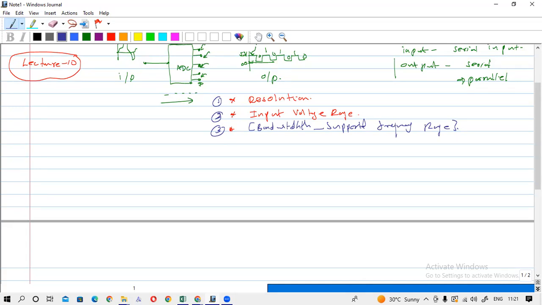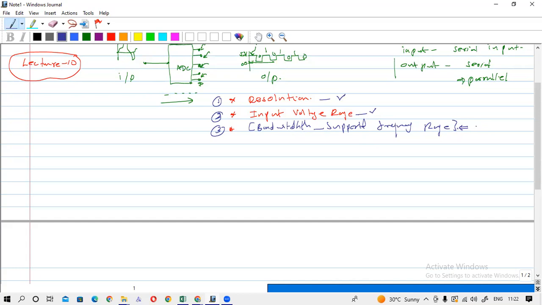So we have explained what is the resolution, and we have explained what is the input voltage range. And the bandwidth is always related with the Nyquist theorem. The maximum sampling rate that the ADC can support will determine the bandwidth.